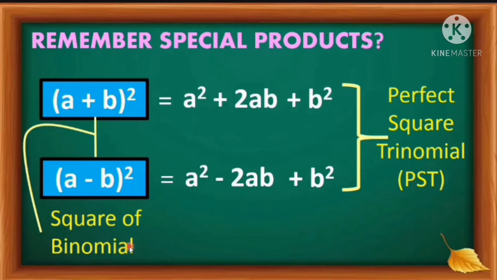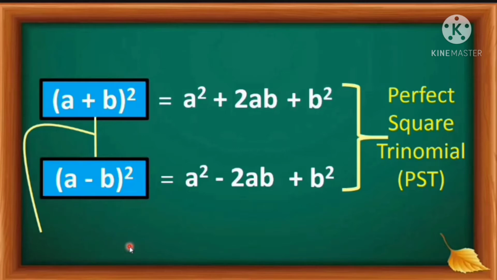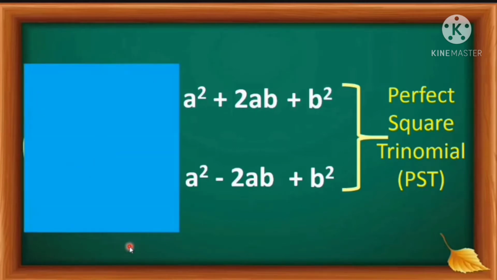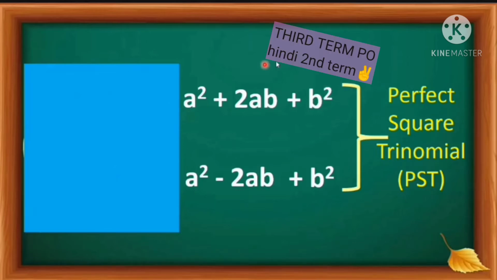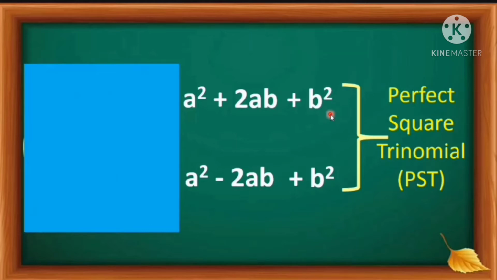Okay? So, how will we be able to identify a perfect square trinomial kung wala nito? Say, for example, we have a squared plus 2ab plus b squared. First condition is that the first term and the last term should both be perfect squares.